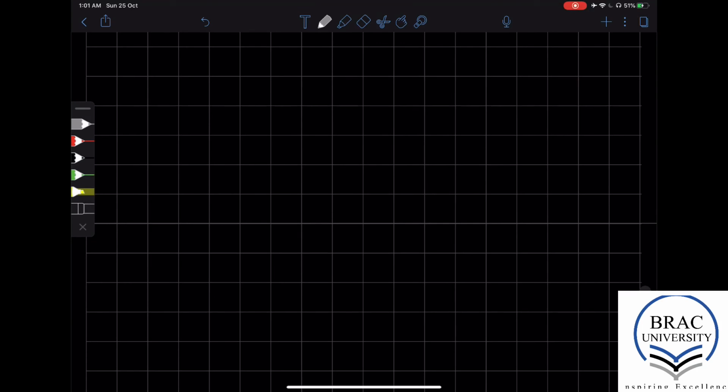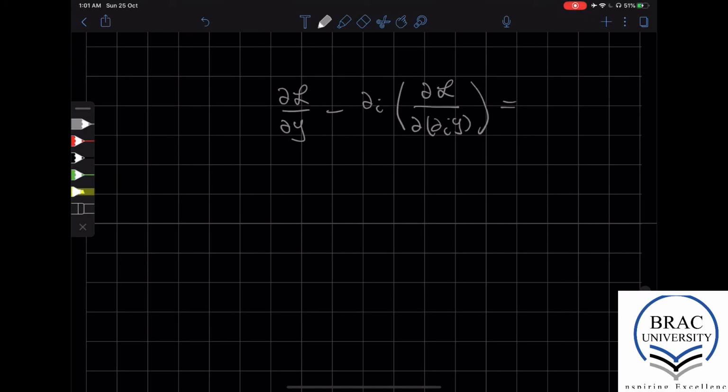So now that we have the Euler-Lagrange equation, which is given by this, we can evaluate what the equation of motion is going to be for our one-dimensional field theory, the string.